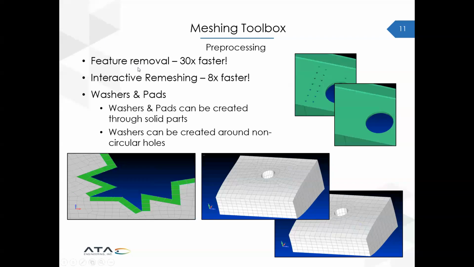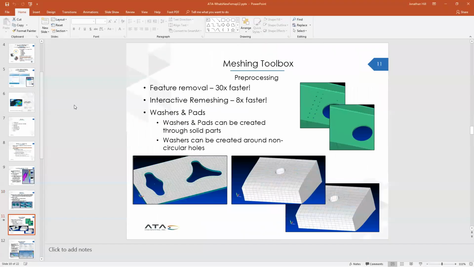Using this feature removal, for example, I've heard the developers tell the story that they had a user contact them and say, feature removal just seemed slow before. So the Femap developers took a look, and in just a single day, they were able to rewrite the code and get this 30 times speed improvement. So they love having feedback, and things like this were really easy for them to implement. So let's see how some of that works now.